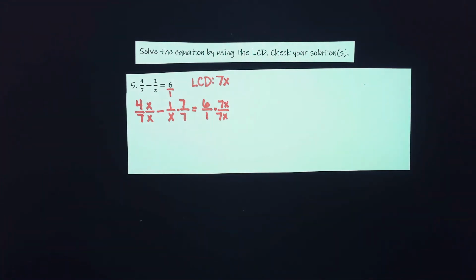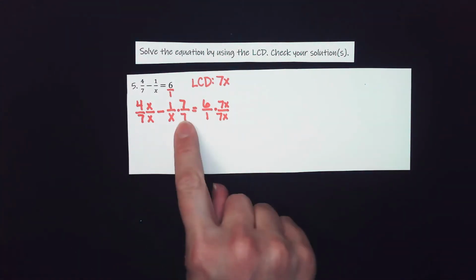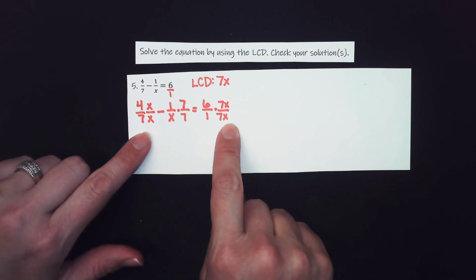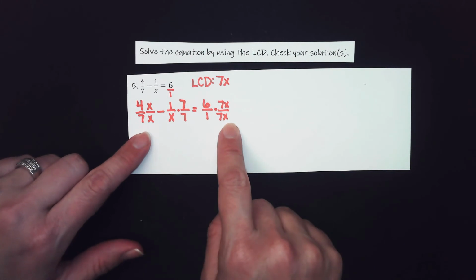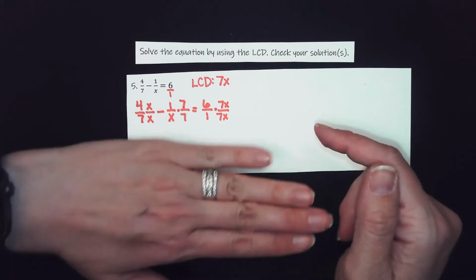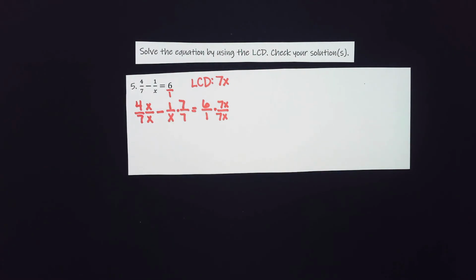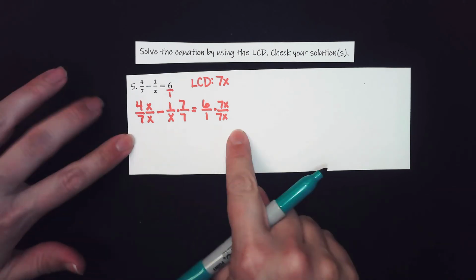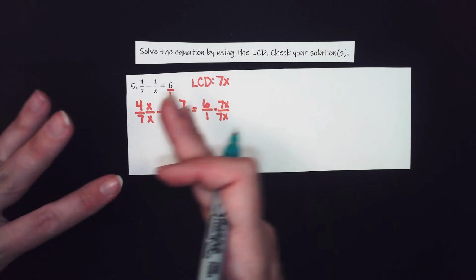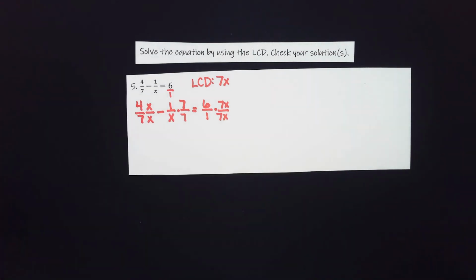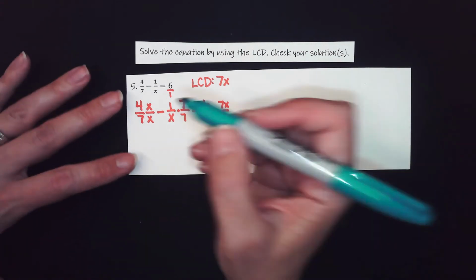Okay, so now everything is going to have a 7x on the bottom. So you can basically think of it as, well, let's ignore that. But what we're doing is actually multiplying everything by that 7x. So it makes our denominators just go away. But for all the purposes right now, I'm going to go ahead and write them. But after this step, I do not write the denominator anymore. Okay?